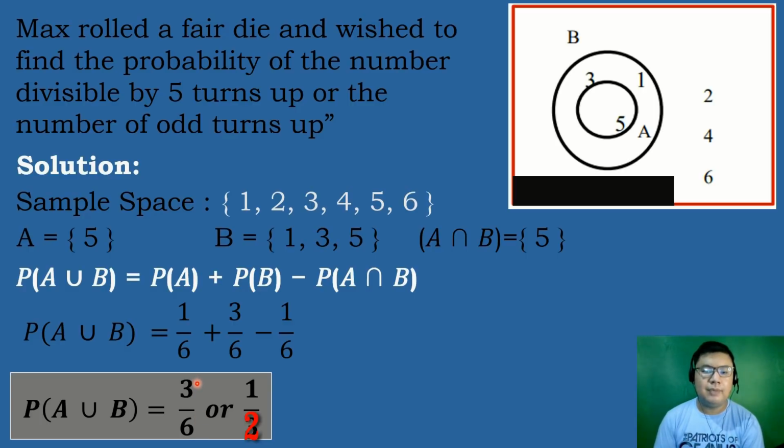And the lowest term of 3 over 6 is equal to 1/2. Therefore, the probability that a number divisible by 5 turns up, or an odd number turns up, is equal to 1/2. There is a 50% chance of getting that number.